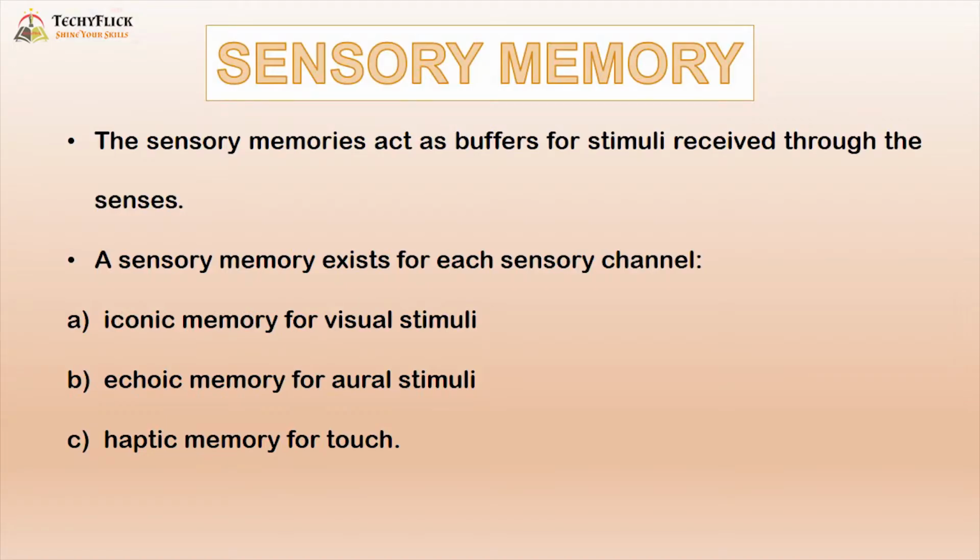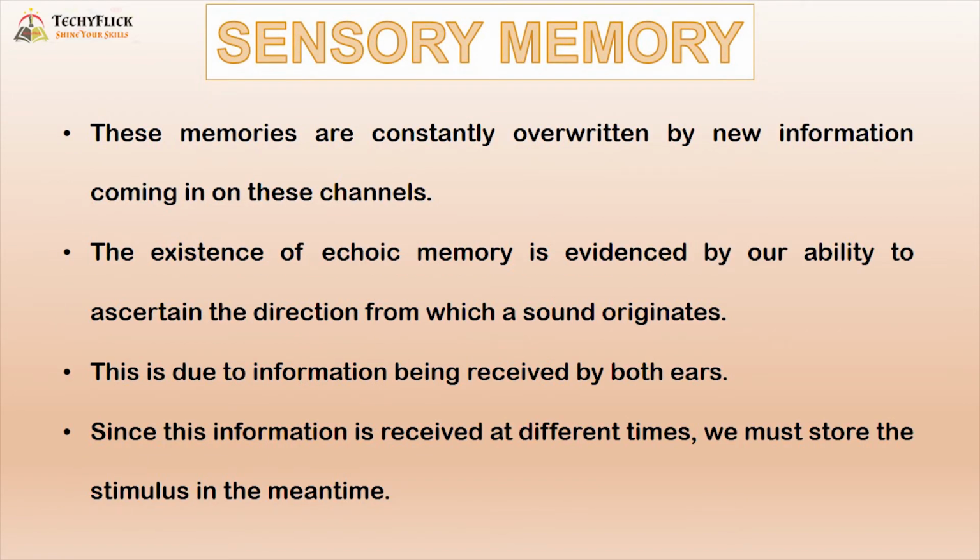The sensory memories act as buffers for stimuli received through the senses. A sensory memory exists for each sensory channel: iconic memory for visual stimuli, echoic memory for oral stimuli, haptic memory for touch. These memories are constantly overwritten by new information coming in on these channels.